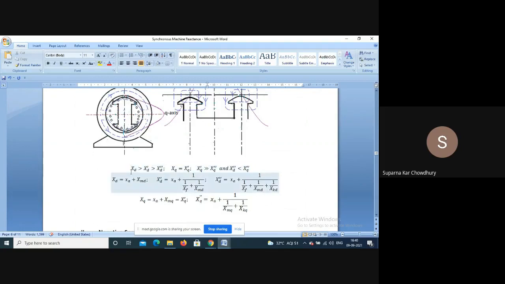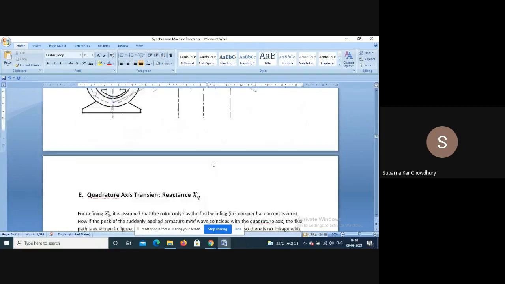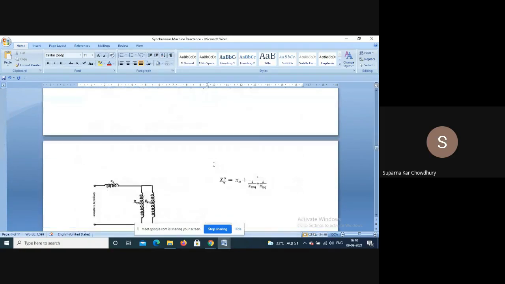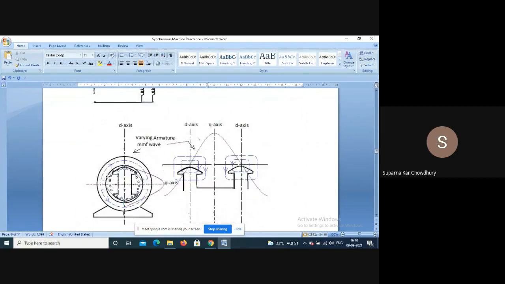We have defined this, that XD is greater than XD dash, greater than XD double dash. We have XQ is equal to XQ dash. XQ dash is much greater than XQ double dash, because for XQ double dash the air gap will be quite large.